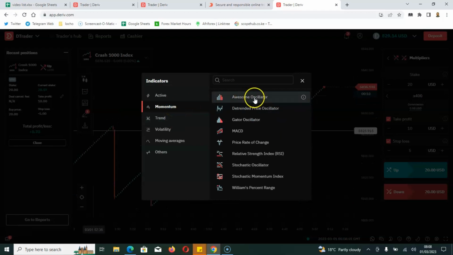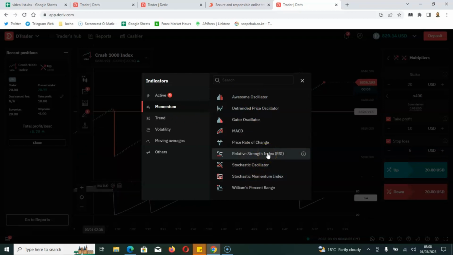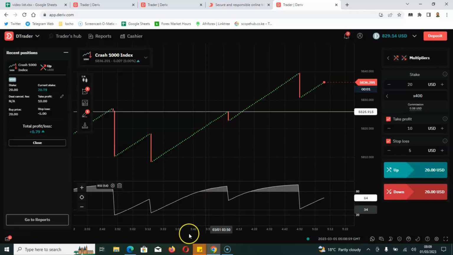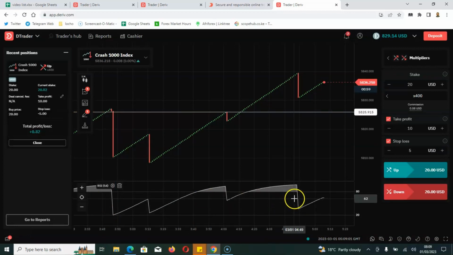Then you go to momentum, then go down to relative strength index. It will automatically go to that chart and appear here. Once it appears here, there will be a bar for 20 and a bar for 80. This will be very, very important for you when trading.